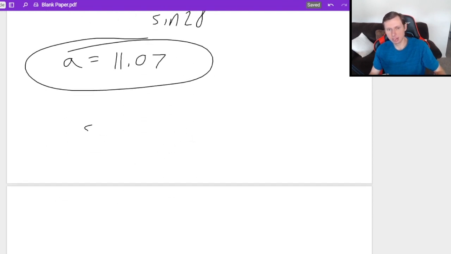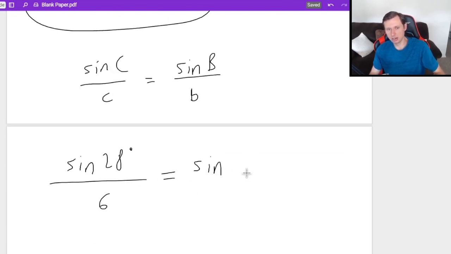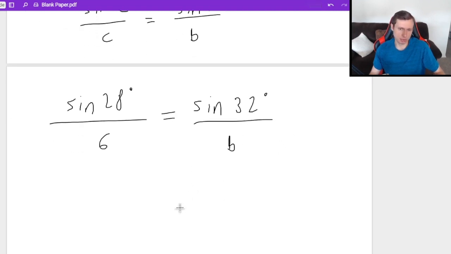And as I said, I'm going to use sine C over C equals sine B over B. And sine C again was 28, and C was 6. And that's equal to the sine of 32 degrees divided by side length B, which is what I'm solving for. Once again, I'm going to cross multiply.